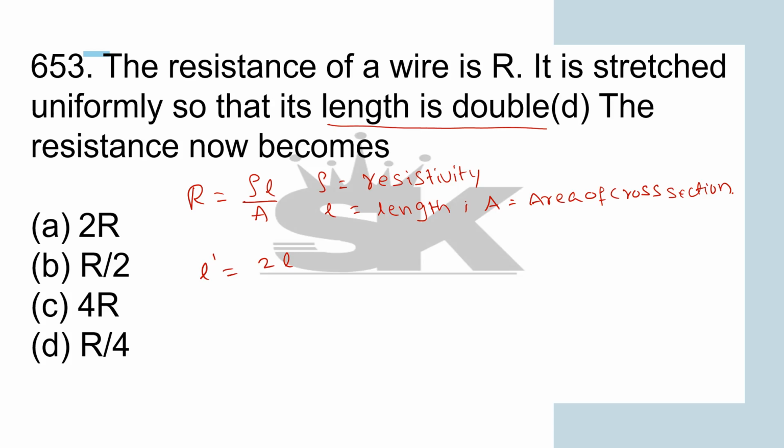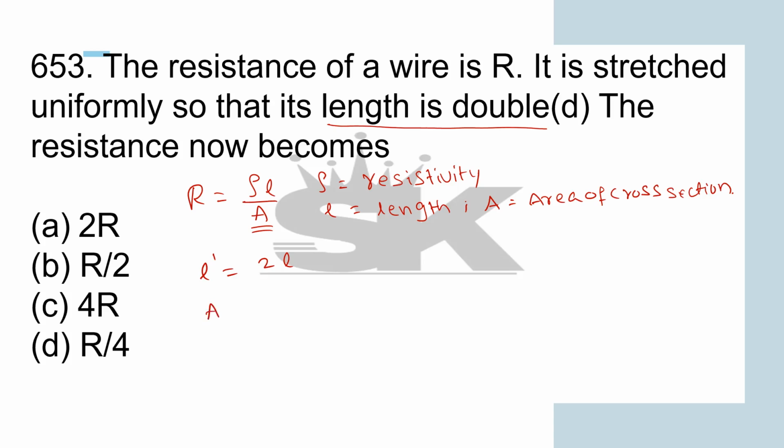But resistance is also inversely proportional to the area. As area of cross section is halved due to the doubling of length, the resistance is once more doubled due to the half of the area of cross section.